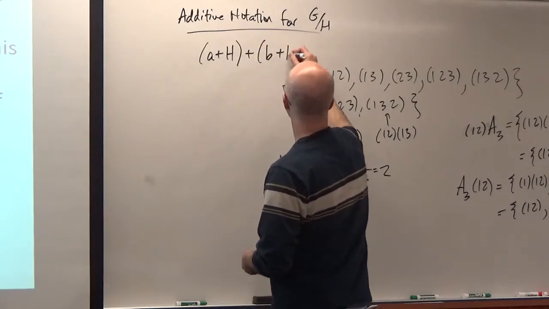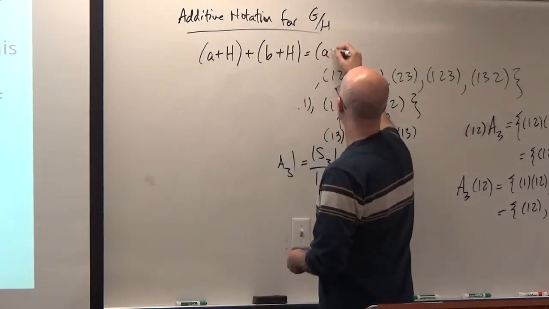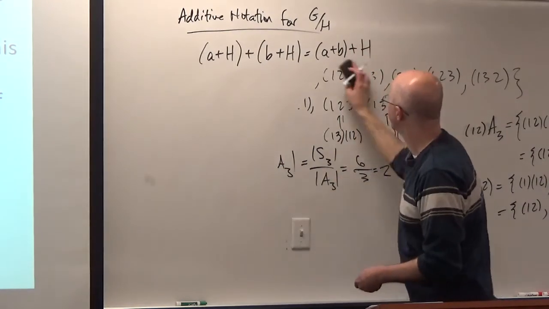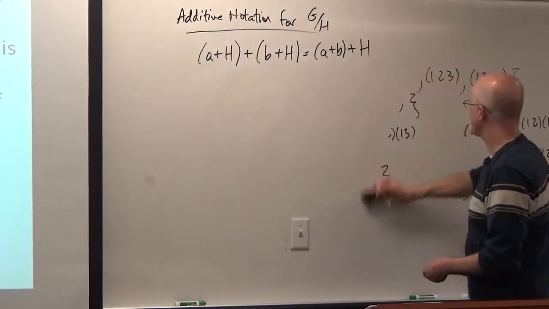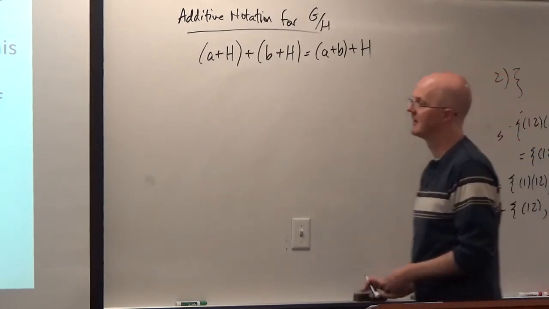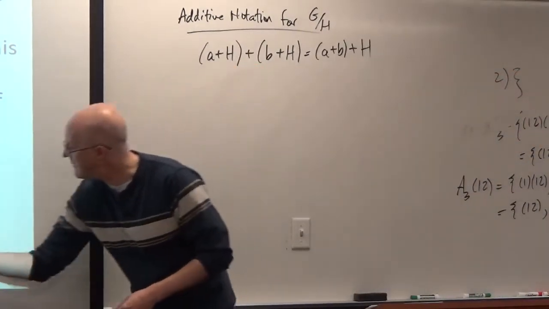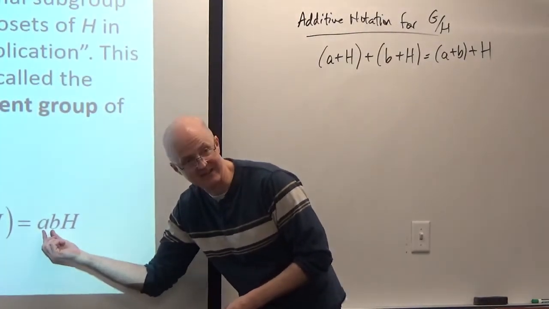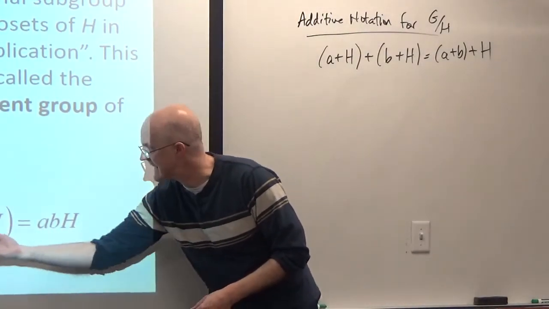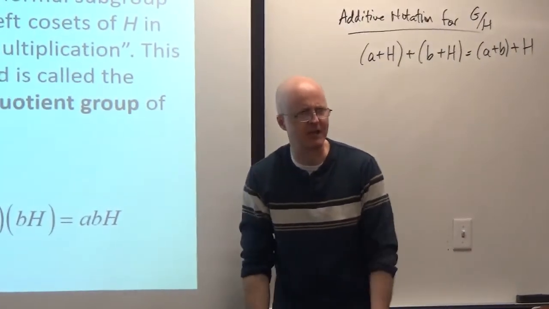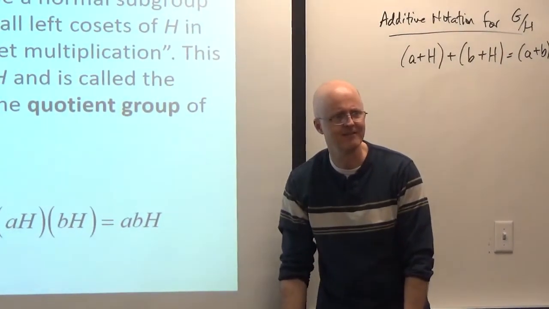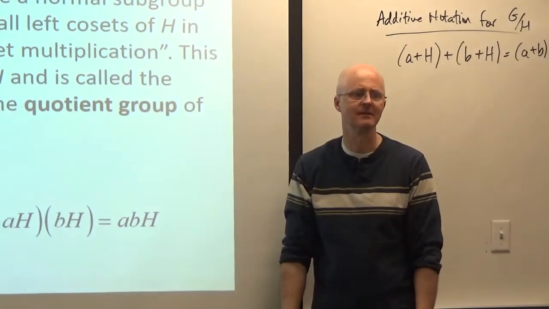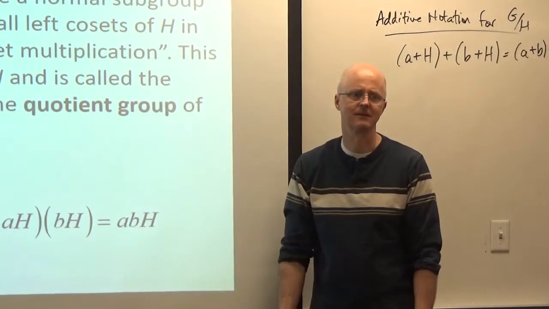then you'd write this kind of equation. Writing ab like this, that is a literal multiplication in G. When you put these things next to the capital H, it's not a literal multiplication in G, though this is defined using products.